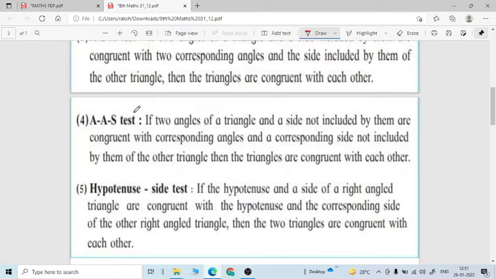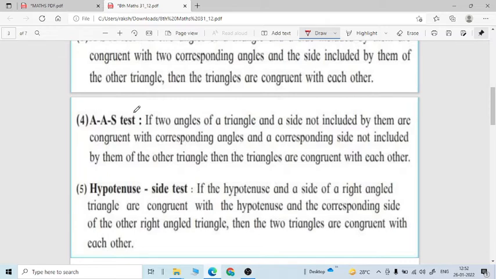Now the fifth property, that is the hypotenuse side test. If the hypotenuse and a side of a right angle triangle are congruent with the hypotenuse and the corresponding side of another right angle triangle, then the two triangles are congruent with each other.